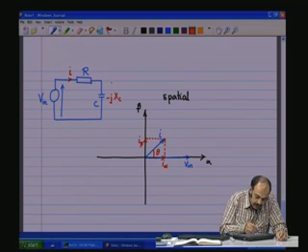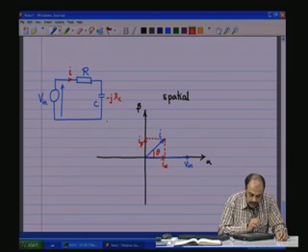Now, the voltage across the capacitance is minus jXC, which means whatever may be the current that is flowing through this, the current vector which is flowing through this, gets multiplied by XC and gets rotated minus 90 degrees.